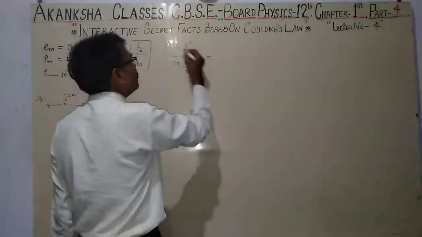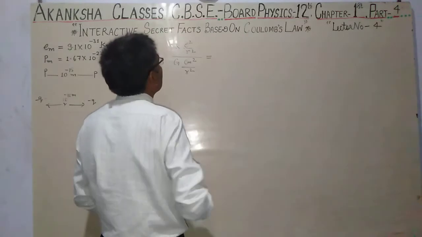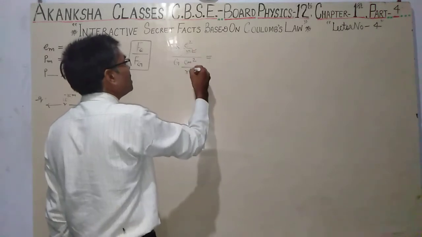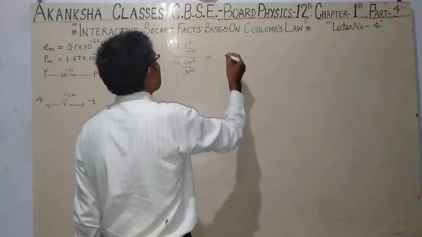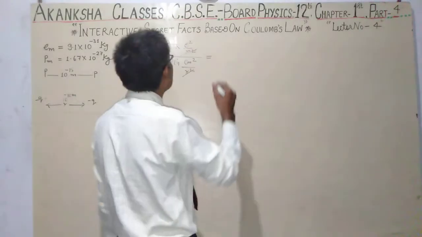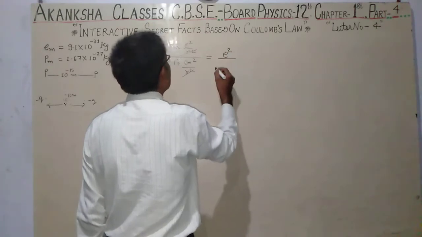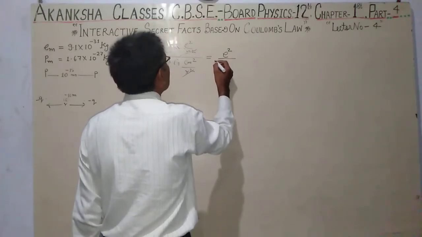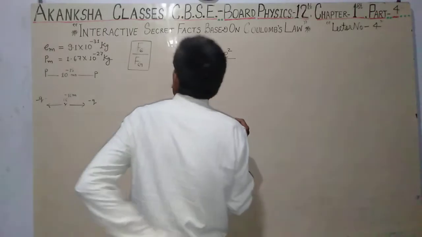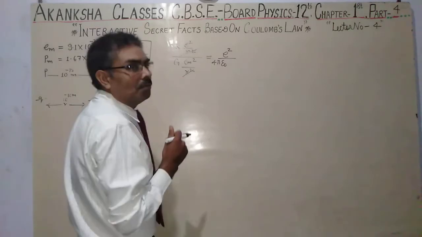After placing the value of k in terms of epsilon, here r square will be cancelled by the rule of cancellation, and as soon as we put the value of k in terms of epsilon, we will write it like this: e square by 4 pi epsilon naught, as all these charges are kept in vacuum.